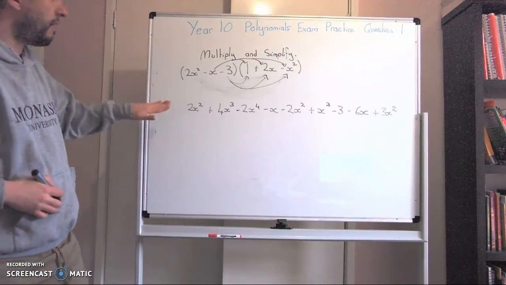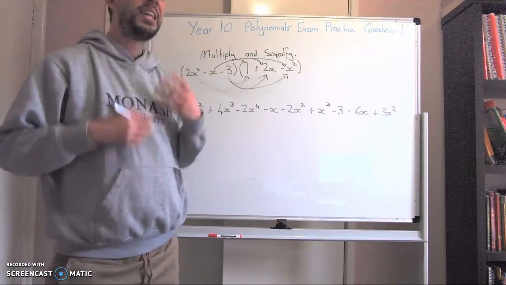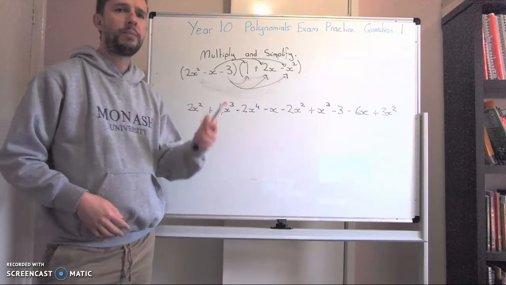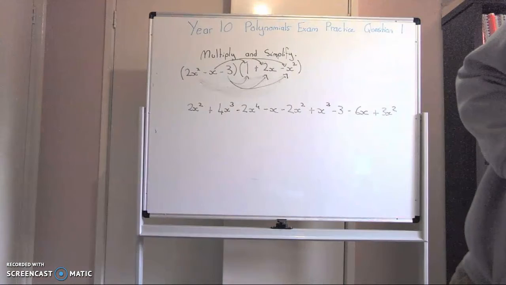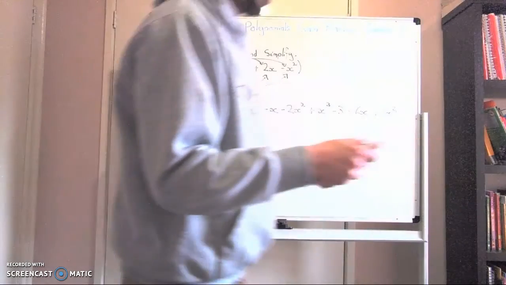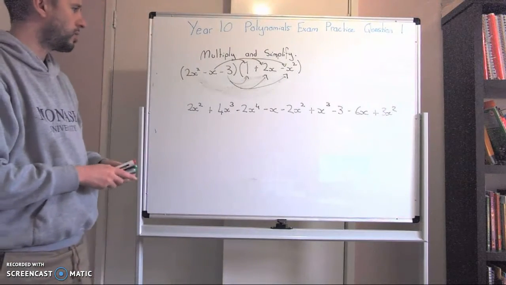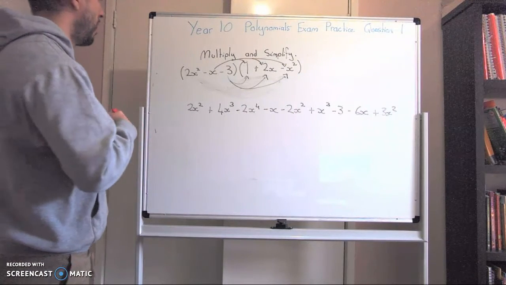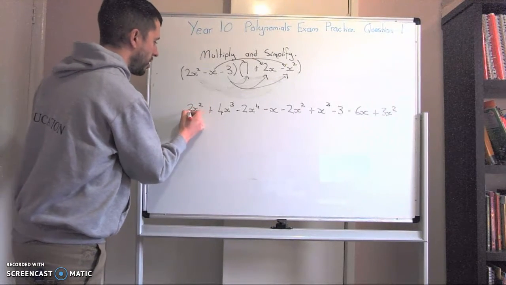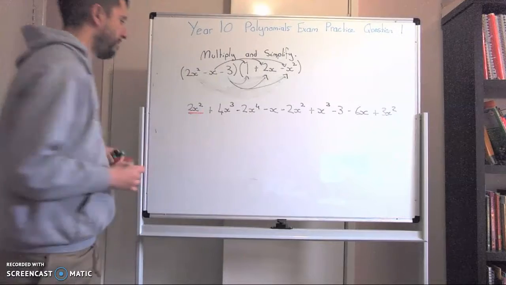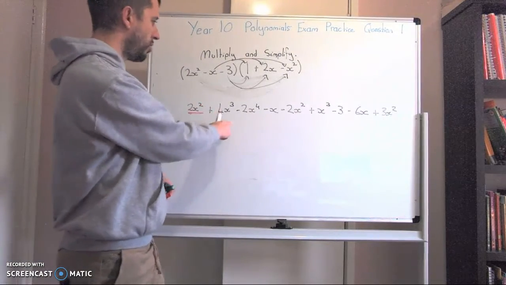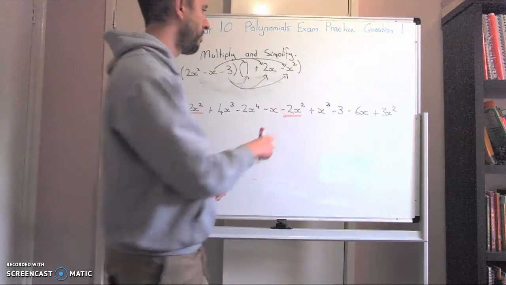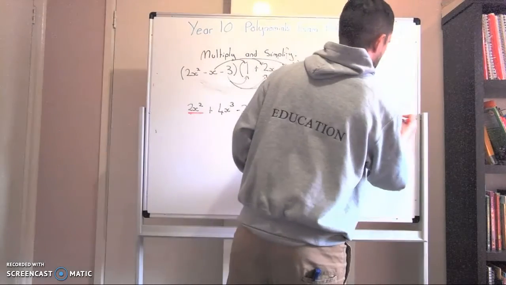So now I have got everything here. I need to be able to simplify it, and to do that, I'm going to use colours. To start off, I am going to look at everything with my power of 2. I'm going to underline this in red. I've got x to the power of 2, x to the power of 2, and x to the power of 2.